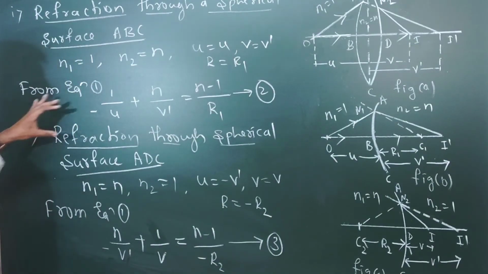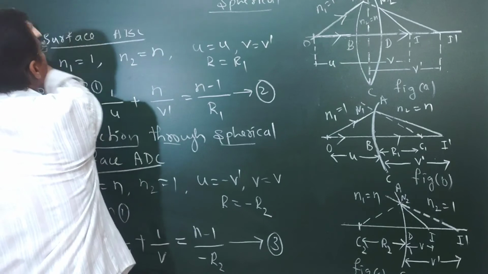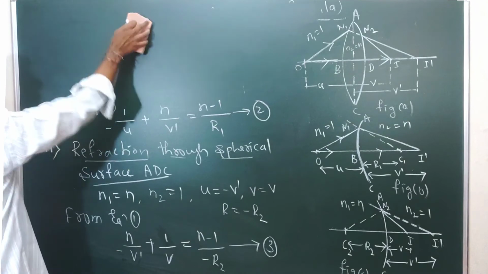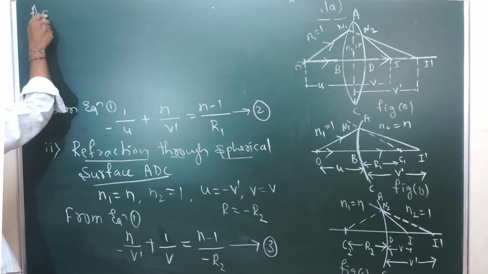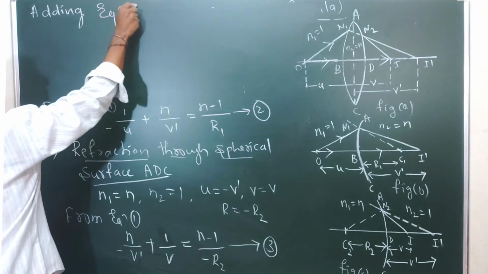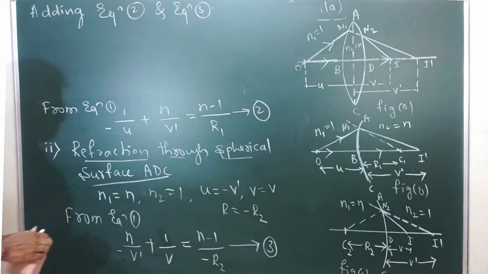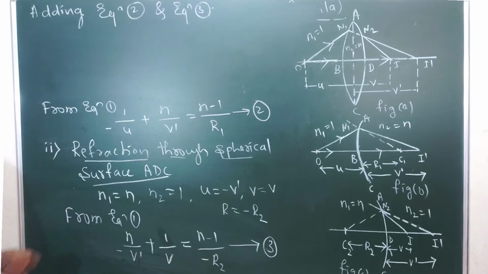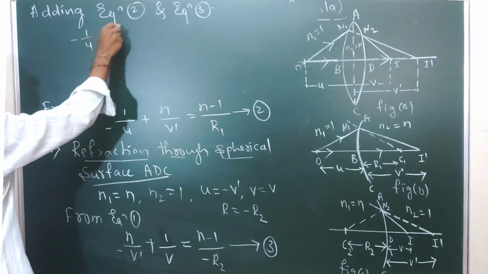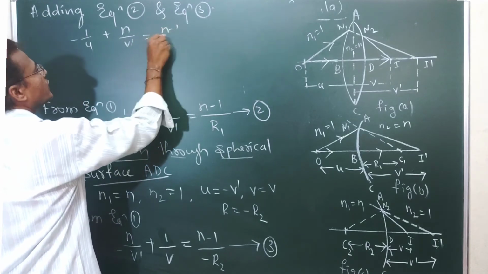So now we are going to add equation 2 and 3. Equation 1 is minus 1 by U plus N by V dash equal to N minus 1 divided by R1.